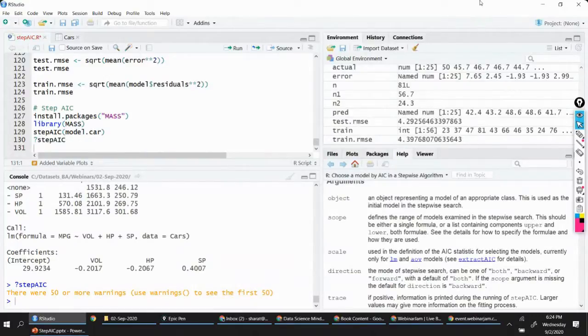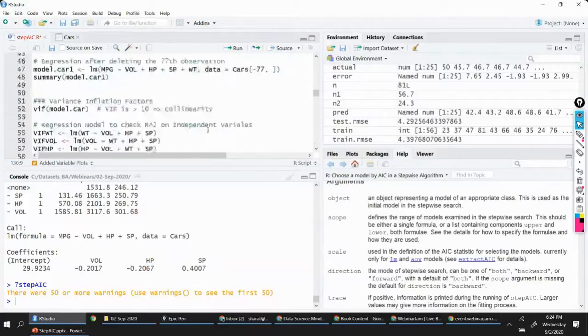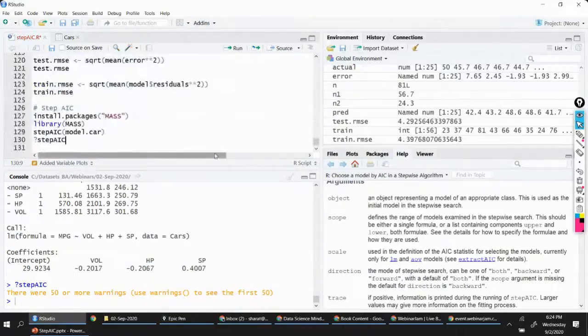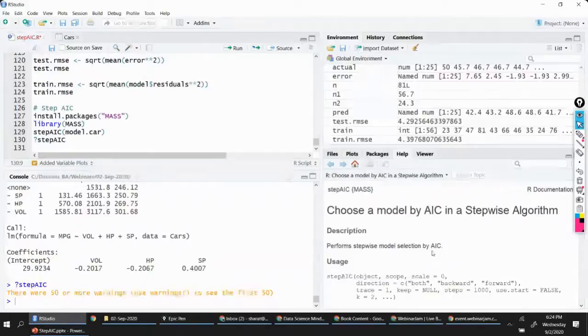All right, so that's about your step AIC concept, which is basically used for choosing the best model by choosing the features which give us the best result. Now, when we say best, one thing we need to remember: it maybe doesn't give you better performance, but it is simplifying by eliminating unwanted features.